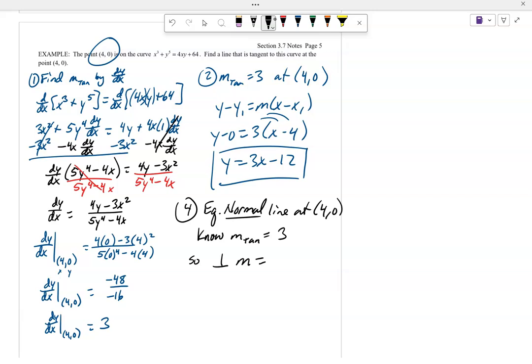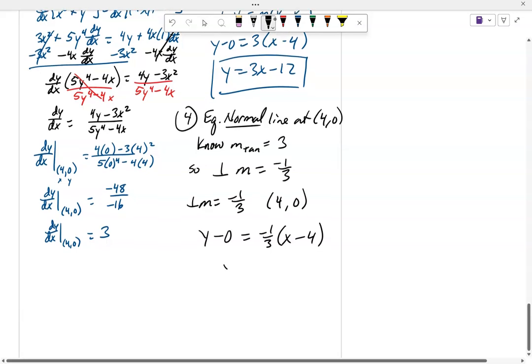So 3 over 1, if I flip that over, that's 1/3, but it was positive, so I have to change it. So that will be the slope of the perpendicular line, the normal line. So now I know the perpendicular slope, and I have a point, y minus y1 equals m times (x minus x1). And I can write the equation of the normal line once I distribute that.